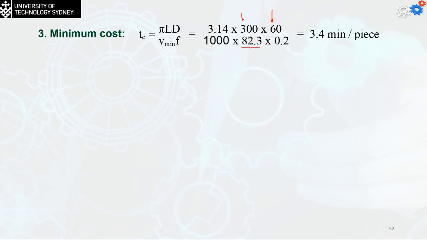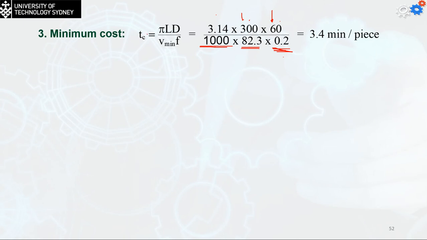The V is 82.3 meters per minute, and the feed rate is 0.2 millimeter per revolution. We have the 1000 because we have millimeters here, so we need to change the meters to millimeters, so multiply by 1000.